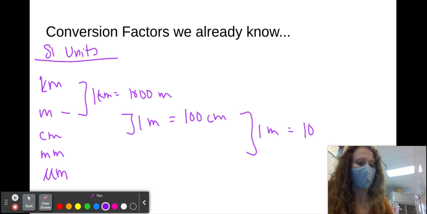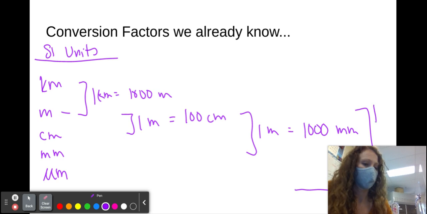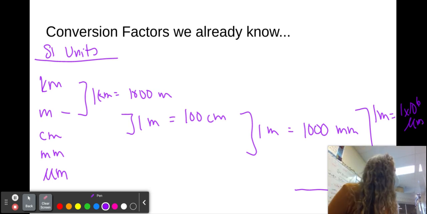So it's 1,000 millimeters in a meter. And then micro, a micrometer is 1,000,000. So 1 times 10 to the 6th. And micro is a weird letter. It's like a cursive U that has a front tail. It's a mu. It's literally its name, MU.